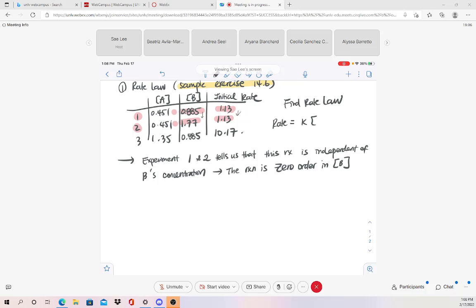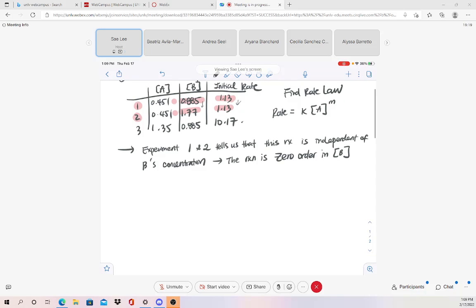the rate is dependent on the concentration of reactant A only. Okay, let's take a look at experiments 2 and 3.